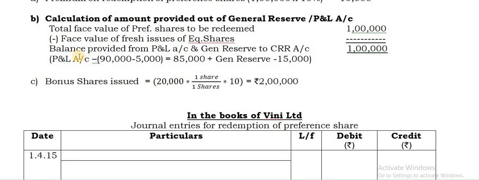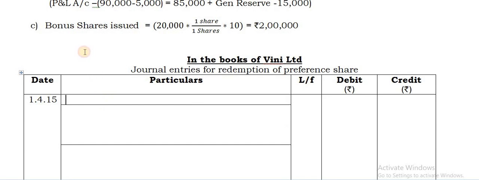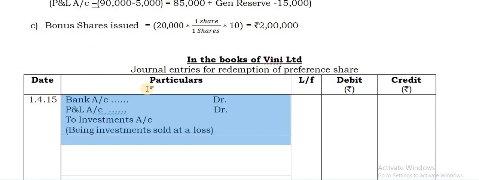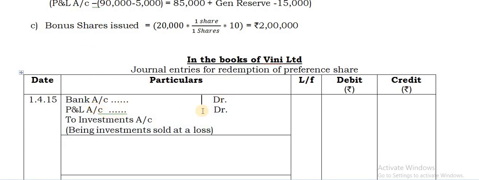So the first entry here for sale of investments, take up that. Bank account debit. Since there is a loss, profit and loss account is being debited. Give a credit to investments account. 1 lakh is the investments worth and it is being sold for 95,000. So the difference amount is the loss of 5,000.